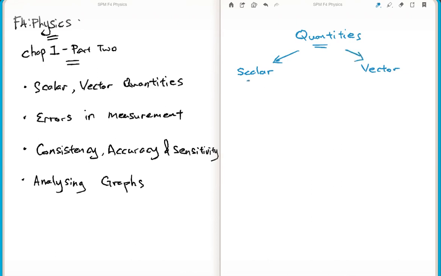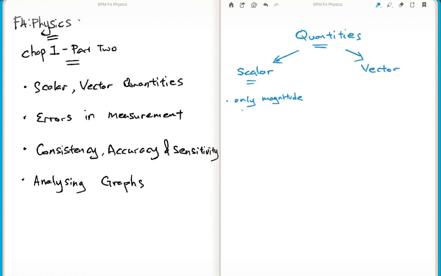Scalar means only magnitude, only the size. It means the number doesn't tell you which direction it's going.